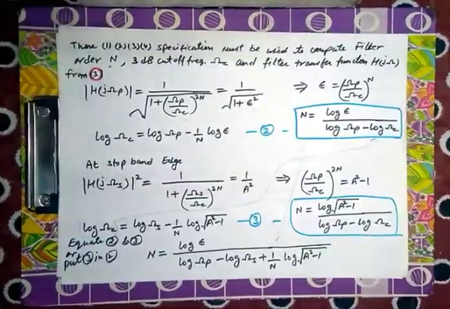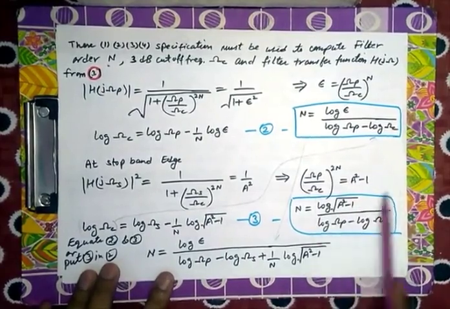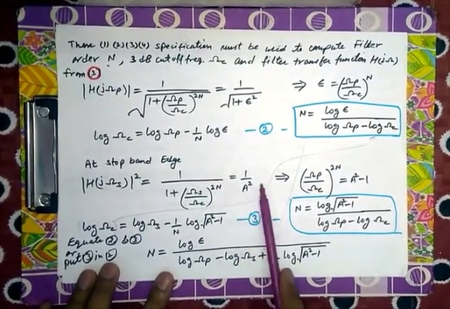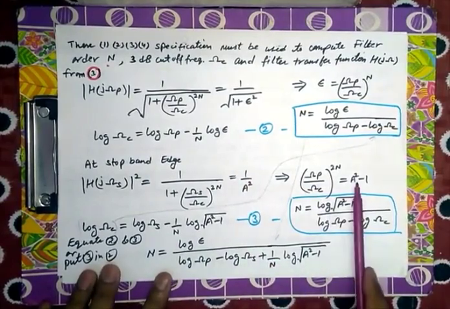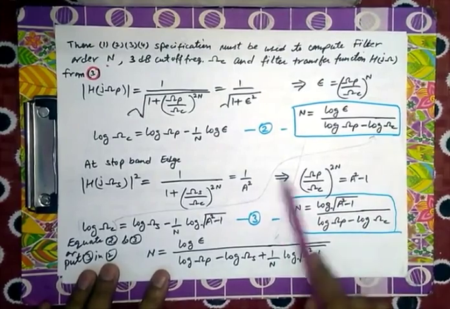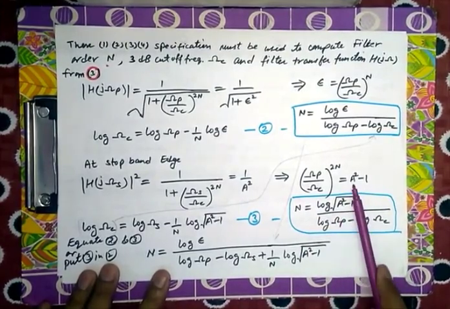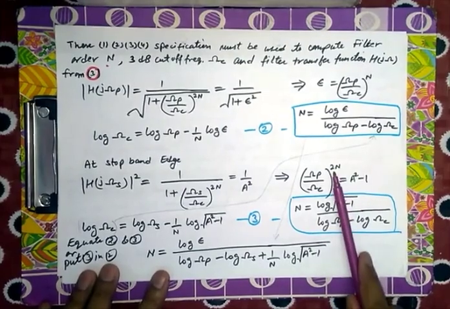So again comparing these two equations, we will have this result, since the denominator is the same. After comparing, it is the linear numeric equation, and further we can take the log to find n from the power.